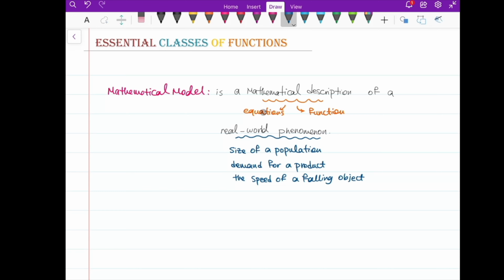That's why we need to be familiar with all types of essential functions, because we want to use them in mathematical models. So what are the essential functions that we are going to study? One of them would be linear functions. The other one would be polynomials.